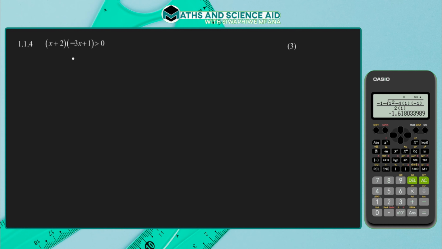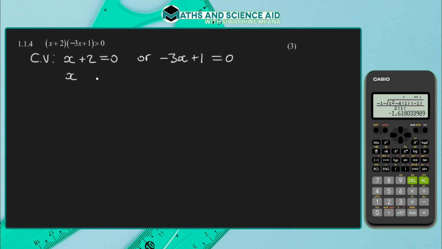So this means that we can just go ahead and solve the inequality. And the first step in solving an inequality is to find the critical values. So this is easy for us in this case because we can see that for our critical values, we will have x plus 2 is equal to 0, or negative 3x plus 1 equal to 0.